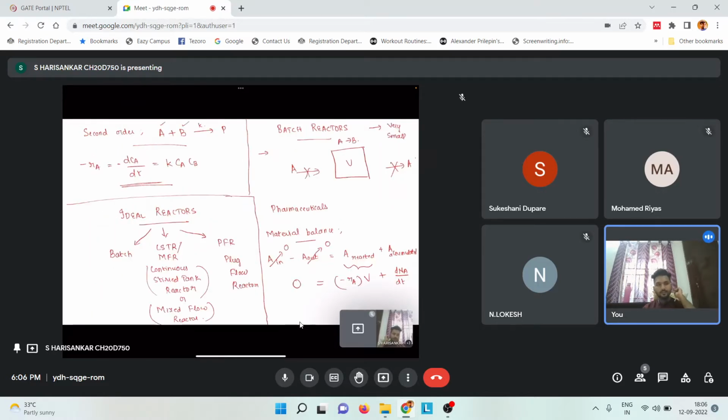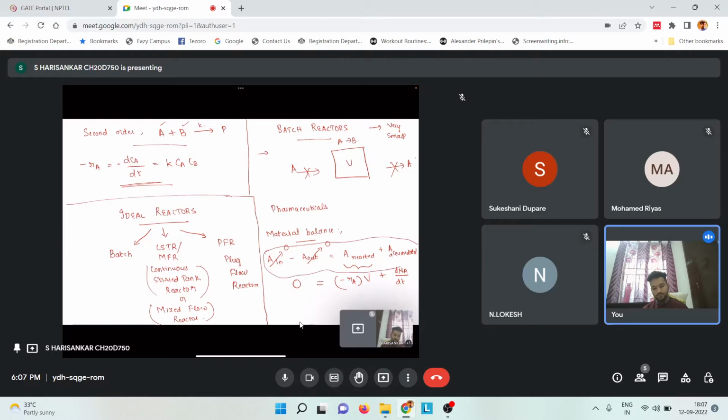Then we started with the ideal reactors, and yesterday we looked into the batch reactor. We saw that by writing the material balance of the batch reactor. Whatever reactant is going in minus the reactant that is coming out will be equal to the reactant that got reacted plus the reactant that got accumulated. The mass balance is shown here.